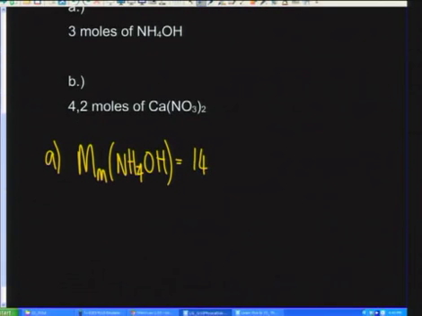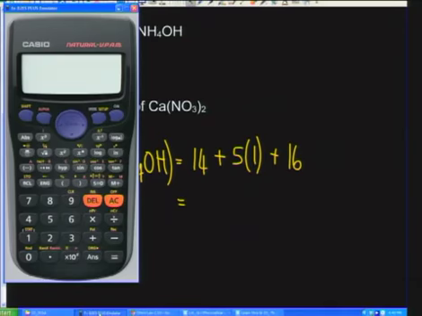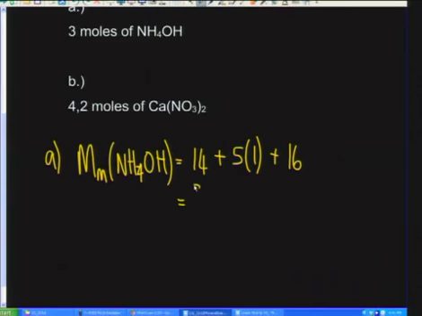Nitrogen was 14. I then have 5 hydrogens. Do you recognize it's 4 and there's another 1? So 5 times 1 plus oxygen, which was 16. So working this through, I can see the 14 plus 16 is going to be 30. 5 times 1, it's going to be 35 grams per mole of NH4OH.